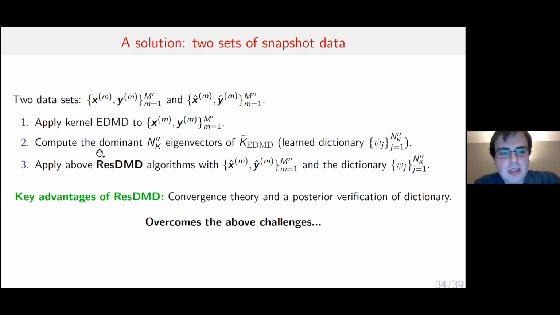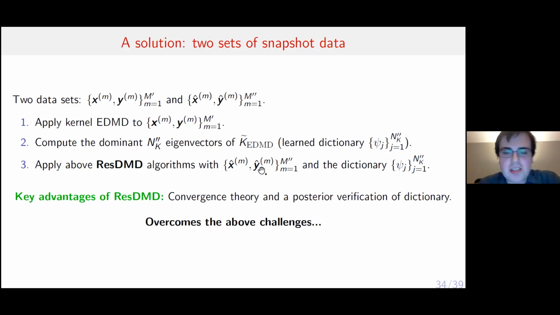I then compute the dominant nk eigenvectors of this reduced matrix, which gives me a learned dictionary, psi j. And then I simply apply the above ResDMD algorithms with this second snapshot data and the learned dictionary.